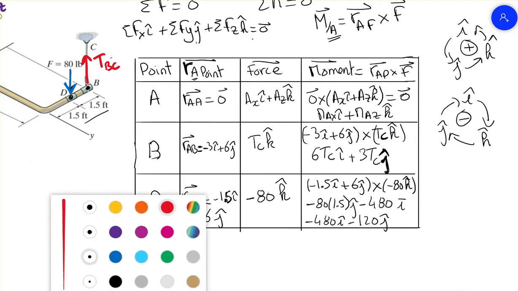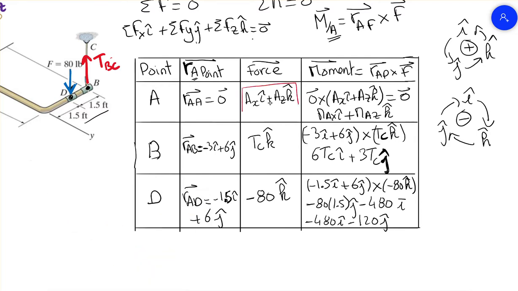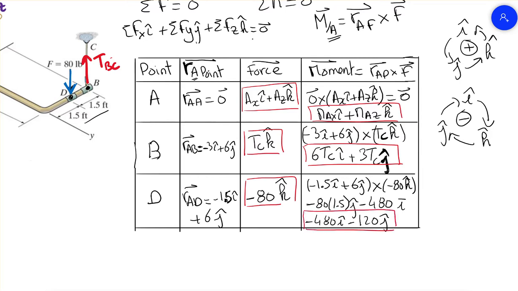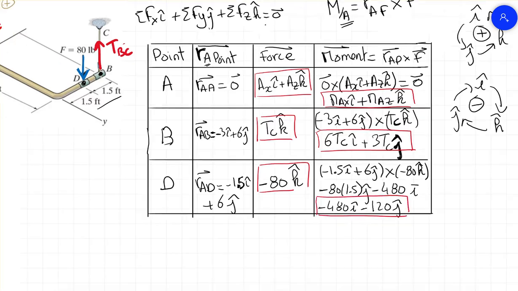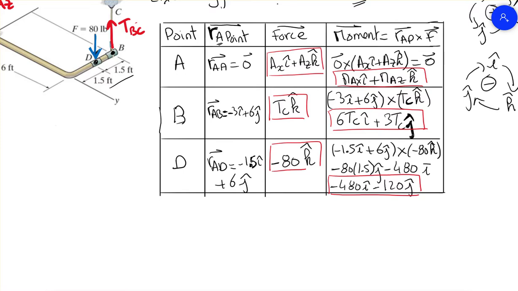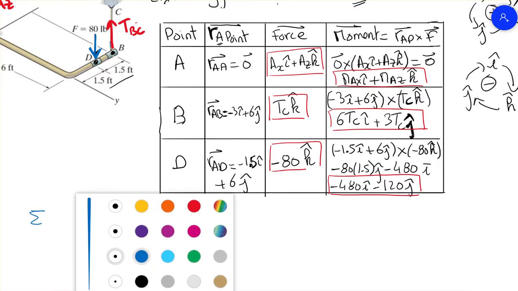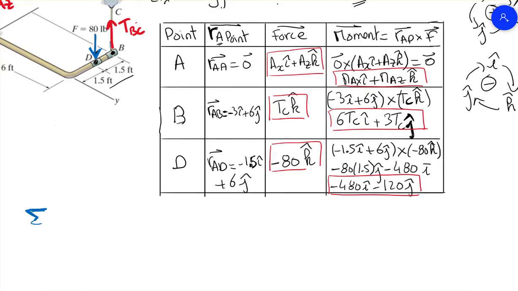Okay, let's square that because we have a lot of information. So we have the forces, and we have the moment. If we write the equation, sum of the forces is equal to 0.